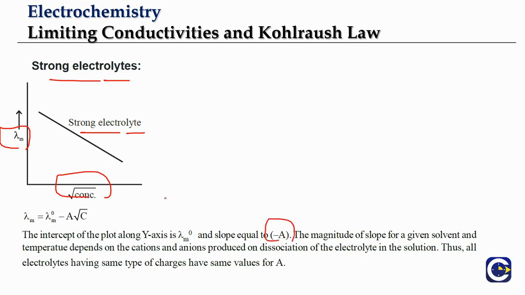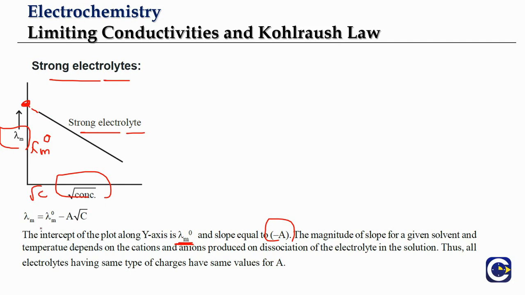Let's say for example, in this case minus a is the slope, and the straight line will touch the y-axis at a point lambda m naught. This is what we are calling the limiting molar conductivity, the limiting value of the molar conductivity. That is, when the root C value, root concentration value, is almost becoming 0, this is the value of the molar conductivity.